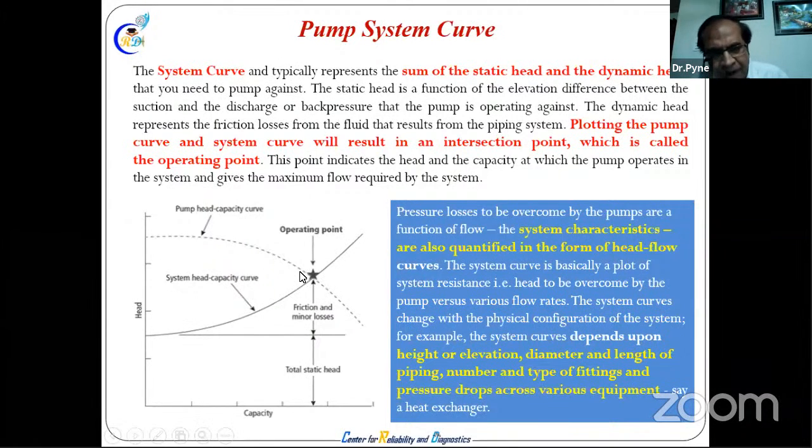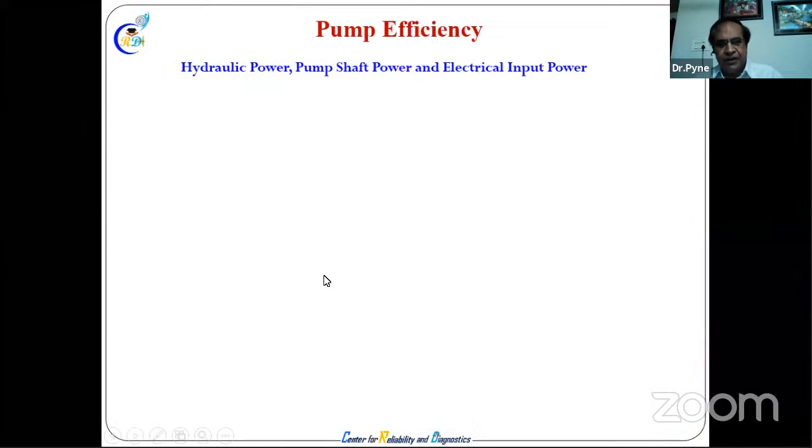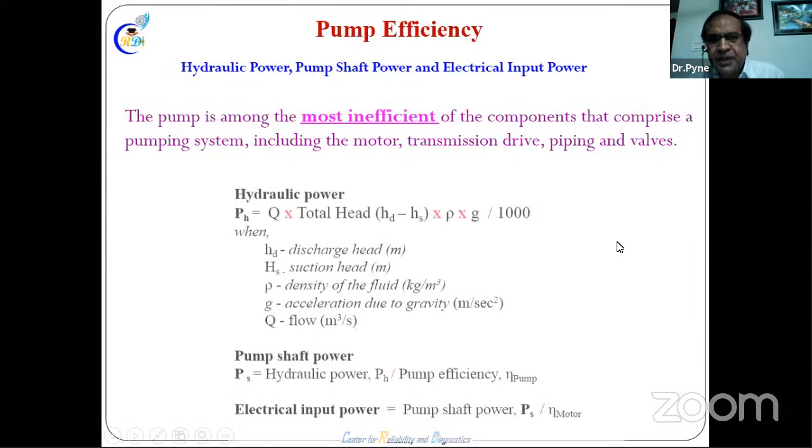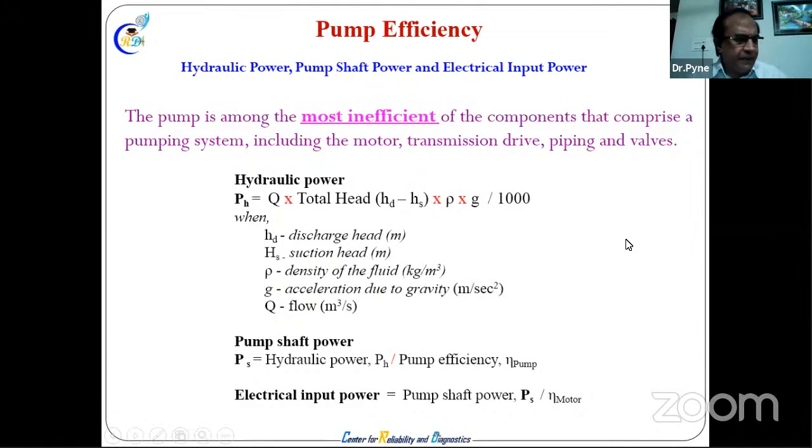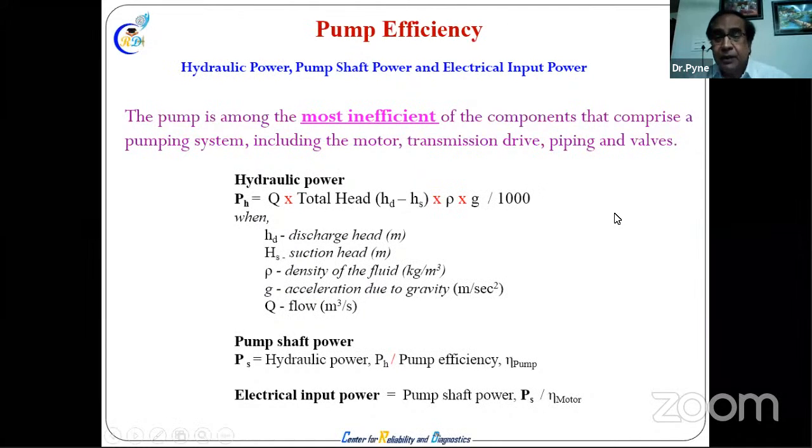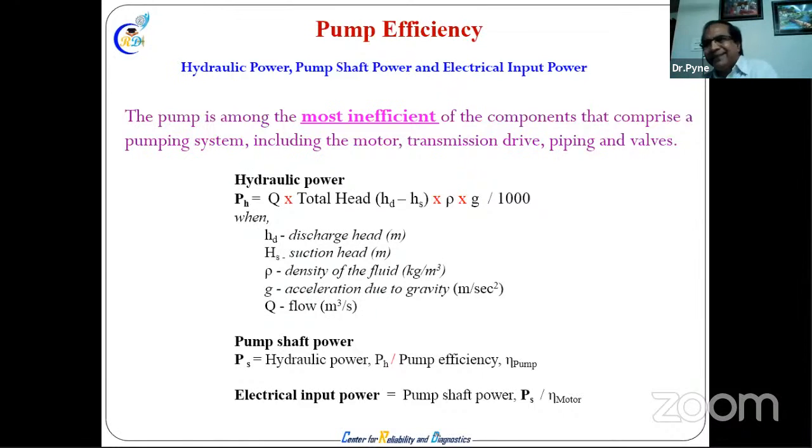And this point is the operating point, based on the efficiency point. So in this pumping system, the most inefficient part is the pump itself, because it is a mechanical part. Other hydraulic, static head and other things, if you take care of them properly, the least efficient is the pump itself.